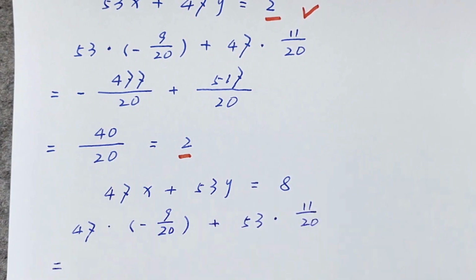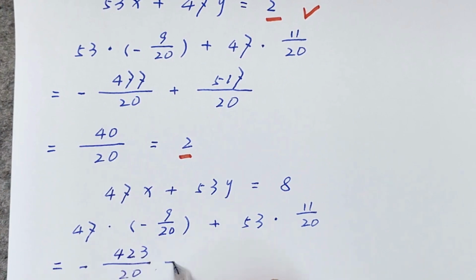It will be equal to negative 47 times 9 is equal to 423 over 20 plus 583 over 20.